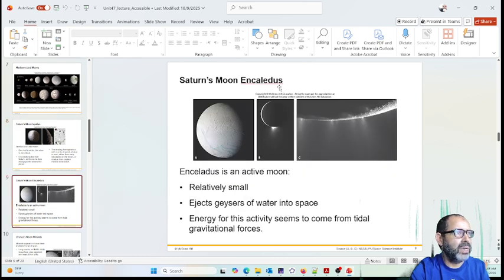If you look at Enceladus, it has so many geysers and ejecta coming out of its surface, indicating that its internal structure is probably liquid, and tidal forces are probably making that water erupt in high geysers.